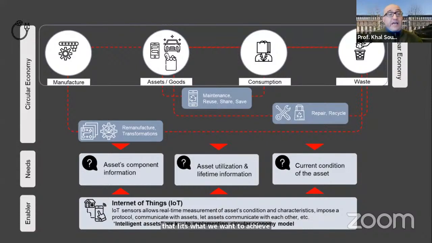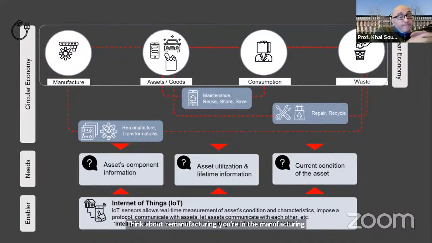When we think about manufacturing, can we design things in a way where we can transform or remanufacture? That's linking one aspect. If you're in the manufacturing business, think about remanufacturing. Think about transformation. Think about material reuse, repurpose.